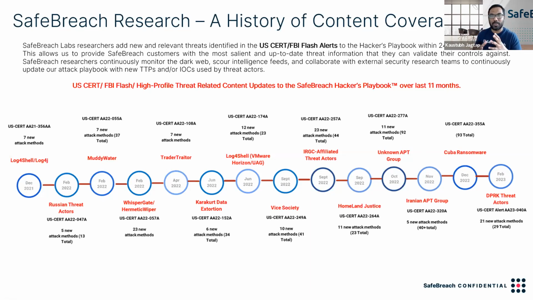We added coverage for about 50 or 60 new IOCs and TTPs, but anyone who was a customer could have potentially had some degree of coverage, because we already had close to 20 or 30 attacks that were originally revealed in November of 2021 against Cuba ransomware.